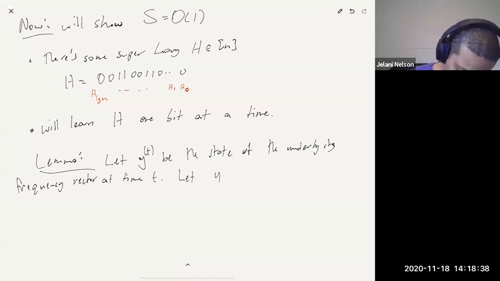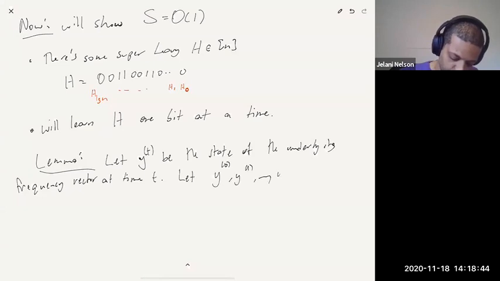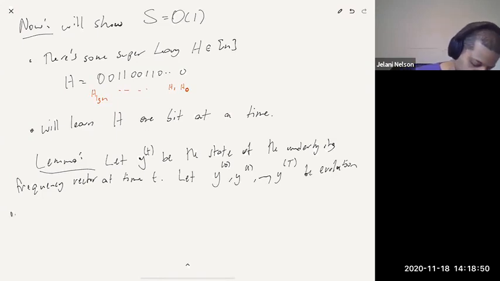Let y_0, y_1, up to y_T be the evolution of y over time in an insertion only stream.